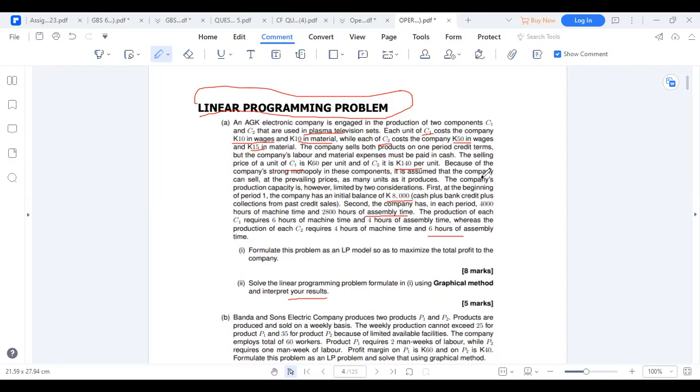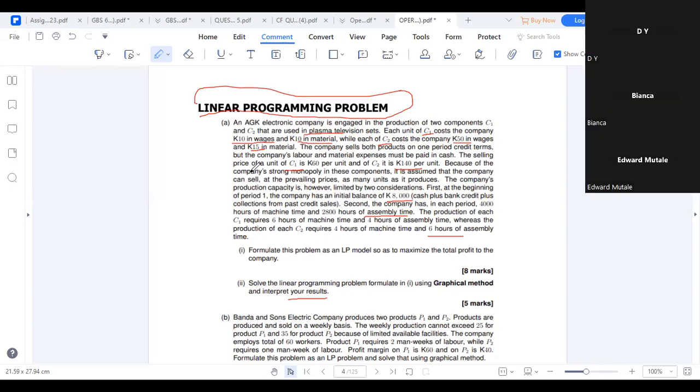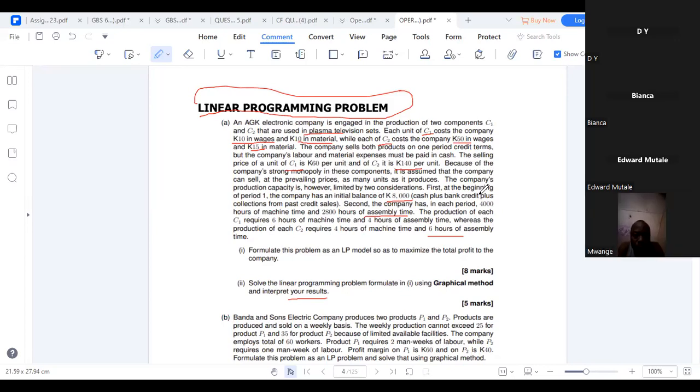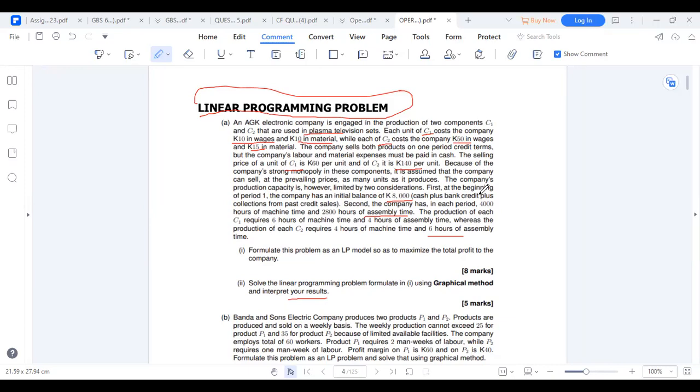So here we have the selling price of C1 is 60 kwacha per unit, and then the other one for C2 is 140 kwacha per unit.